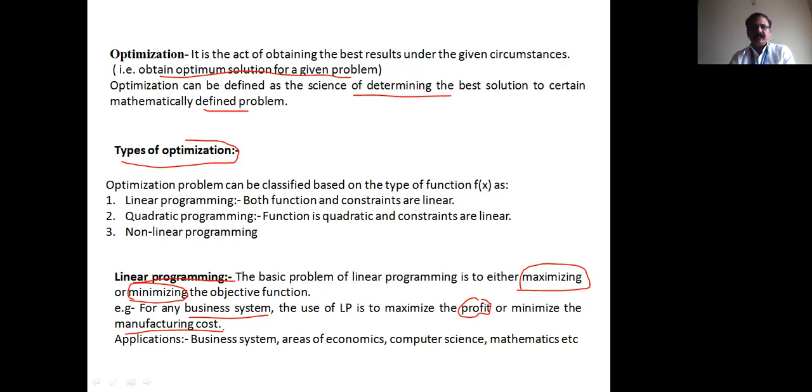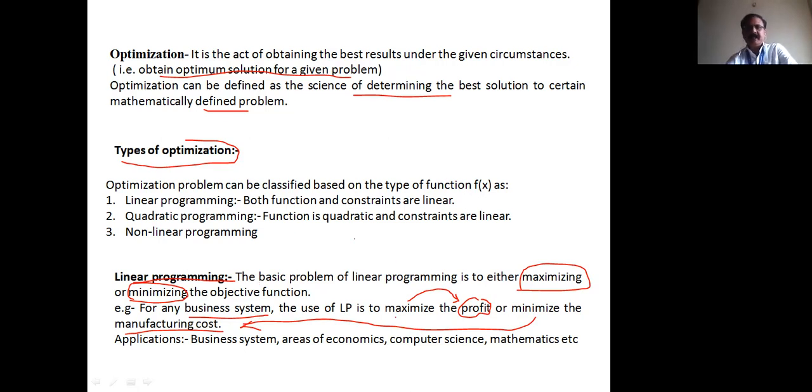These are the objective functions for any business system. Now, when we use the linear programming for such a business system or manufacturing firm, then its objective function is either maximize the profit or minimize the manufacturing cost. Therefore, when we use LPP, that is linear programming problem, then the basic aim of such a problem is either maximizing or minimizing.